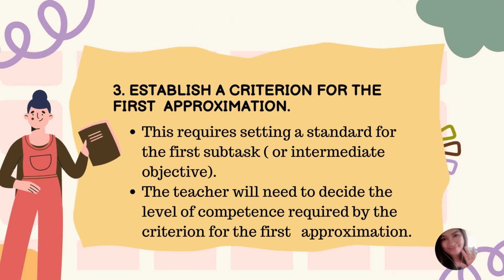Next, establish a criterion for the first approximation. This requires setting a standard for the first subtask or intermediate objective. The teacher will need to decide the level of competence required by the criterion for the first approximation.